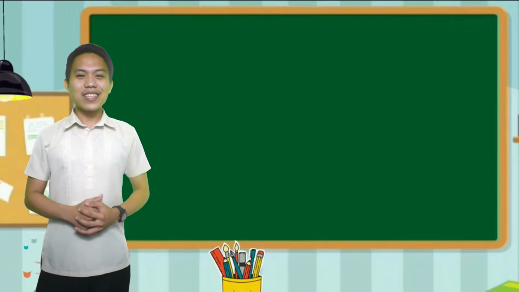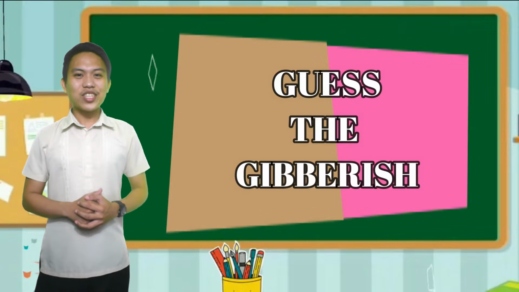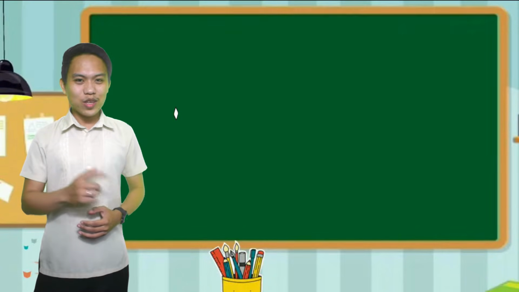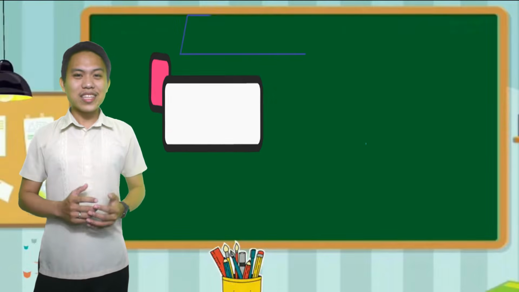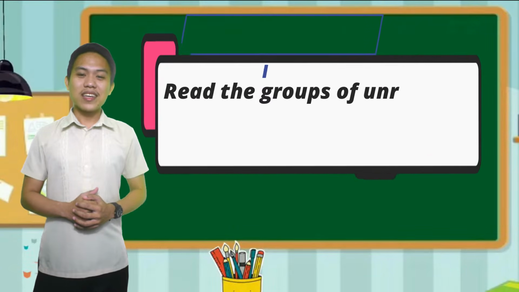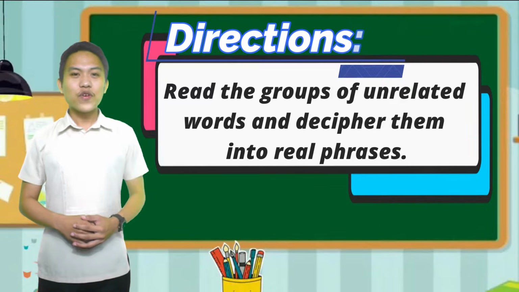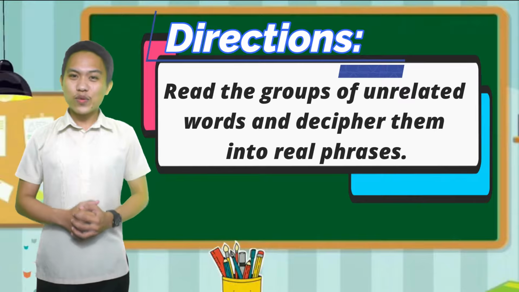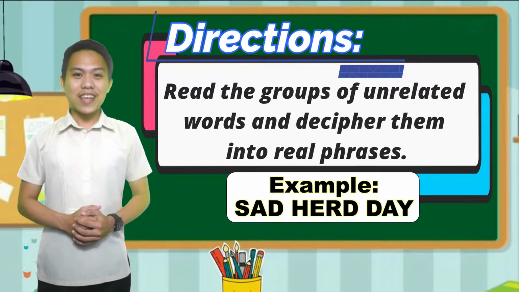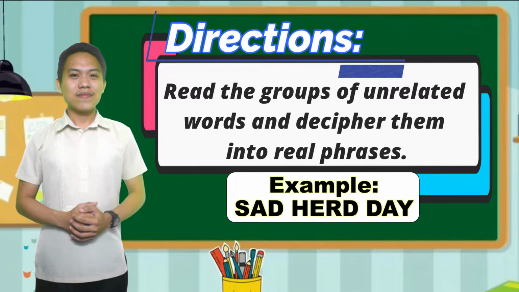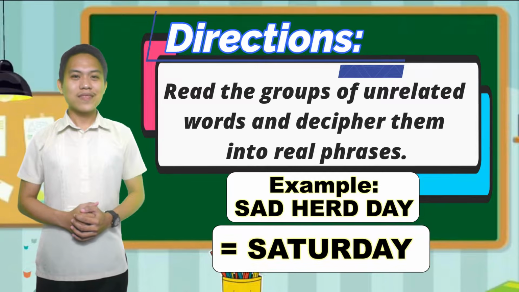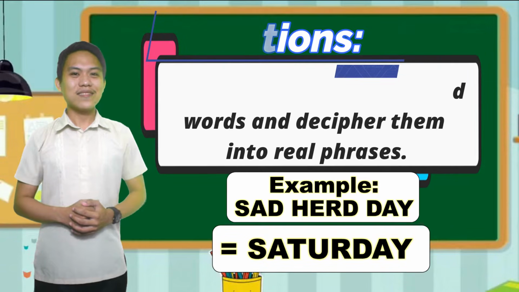Now let us have an activity called Guess the Gibberish. All you need to do is to read the groups of unrelated words and decipher them into real phrases. For example, the words are sad, heard, and day. Becomes Saturday. So, are you ready?